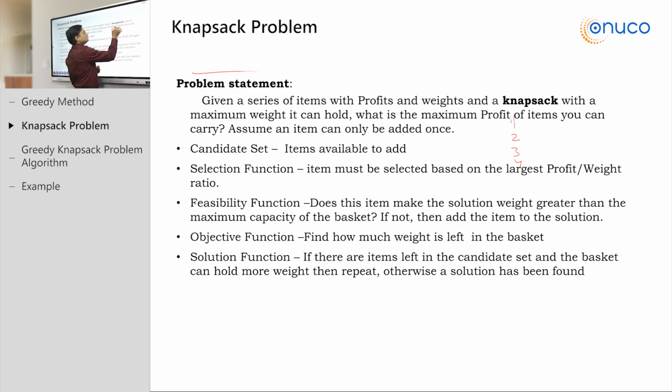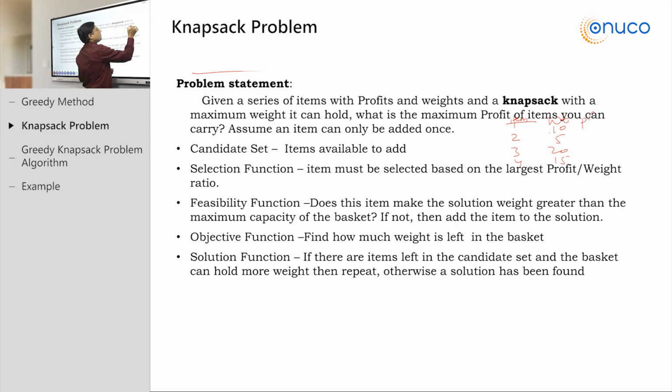All items are associated with a weight. The weights are 10 kg, 5 kg, 20 kg, and 15 kg. So the first element's weight is 10 kg, the second is 5 kg, the third is 20 kg, and the fourth is 15 kg.